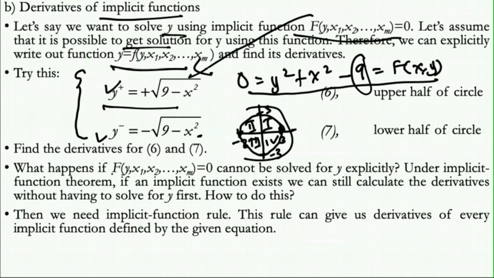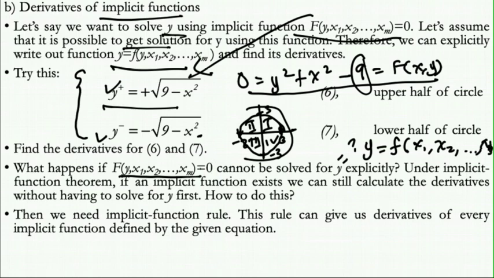Okay, now, what happens if we have an implicit function like that, but initially we want to find y? What is y? If we have an implicit function like this, we of course must have an explicit function. So the explicit function is y as a function of x1, x2 until xn.